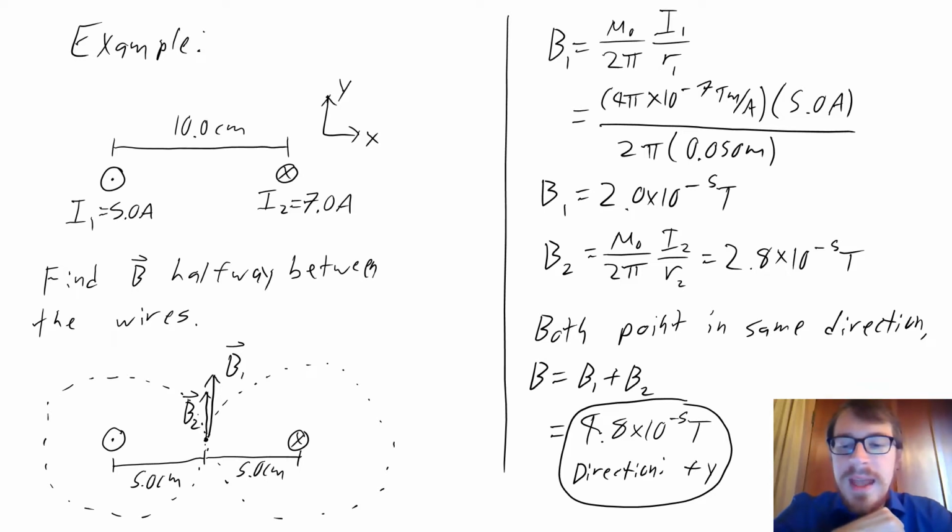And so the amplitude of the total magnetic field is going to be B1 plus B2, the magnetic field created by current 1 plus the magnetic field created by current 2. And so the total magnitude is going to be 4.8 times 10 to the minus 5th Tesla in direction plus y. You will certainly have more complicated problems than this that will involve vector addition, but we know how to do that because we've worked with electric fields so much.